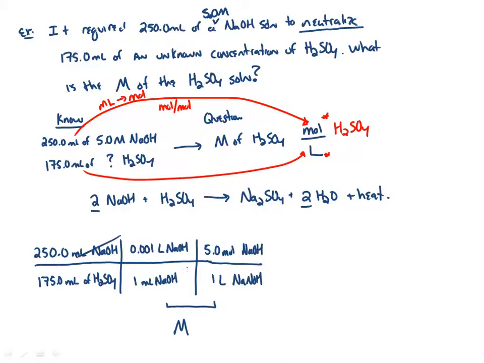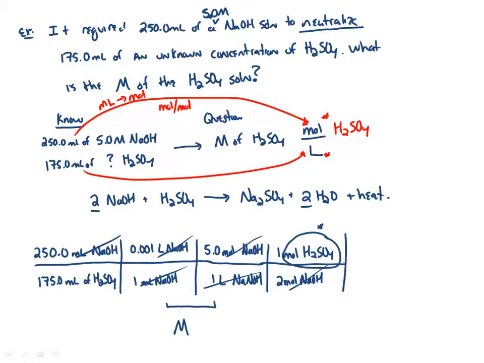So milliliters, milliliters, liters, liters cancel. And then once I'm in moles of NaOH, as I've always said, the mole to mole ratio is the center of any problem. We know that 2 moles of NaOH is 1 mole of H2SO4. So moles NaOH and moles NaOH cancel. And then notice my moles of H2SO4, I'm not going to cancel that out because this is what I want, from up above. So that means I'm done with the top part of the bar problem.